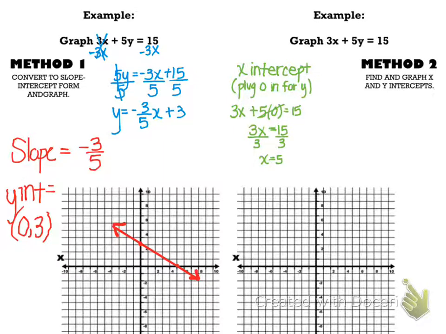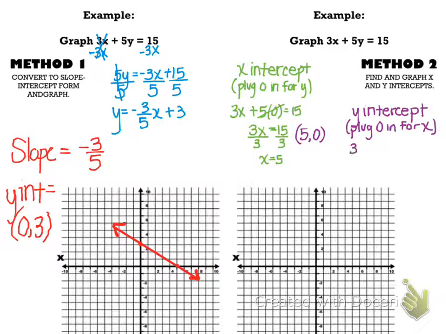So since 0 is our y value, then that means we're going to have 5, 0, and this is what we're going to plot on our graph. But first, we need to find the y-intercept. And with the y-intercept, we're going to plug 0 in for x.